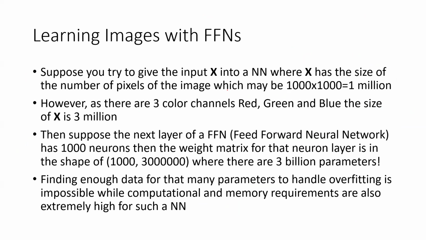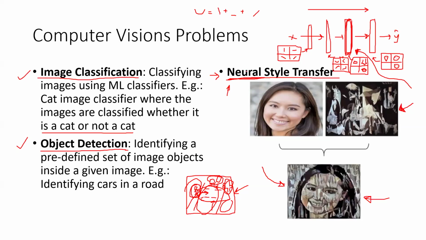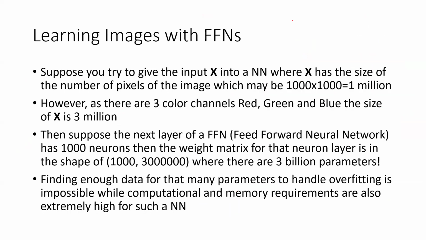In the earlier slide, we explained how we can learn a face or another image using a fully connected neural network like this, right? However, when you are using fully connected neural networks, or feed forward networks, the problem is that they are feed forward fully connected networks basically, right? Feed forward means the information is passing in this direction and there are no cycles in it.